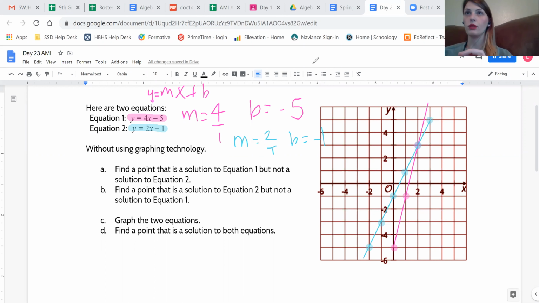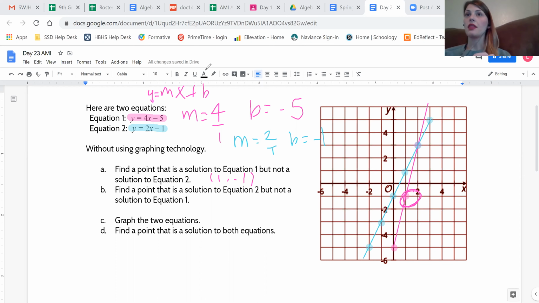We're working with the pink line, so I'm just going to take this first one that I see. That point is 1, negative 1. You have a whole bunch of these to choose from. I'm just choosing that one because it's easy for me to see, but there are so many others you can choose from.